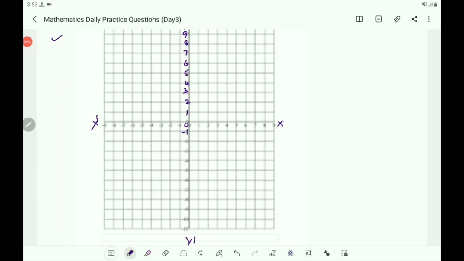Below the x axis they are negative: minus 1, minus 2, minus 3, up to minus 11.